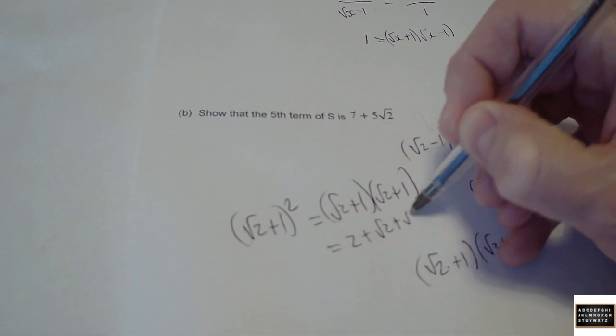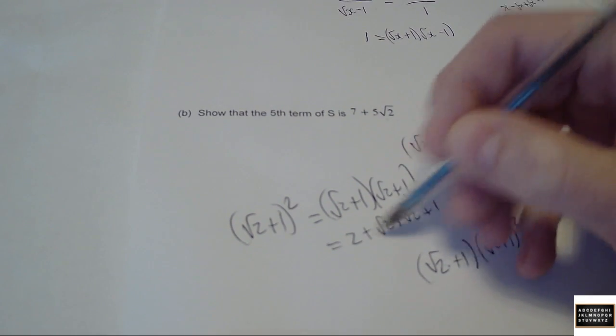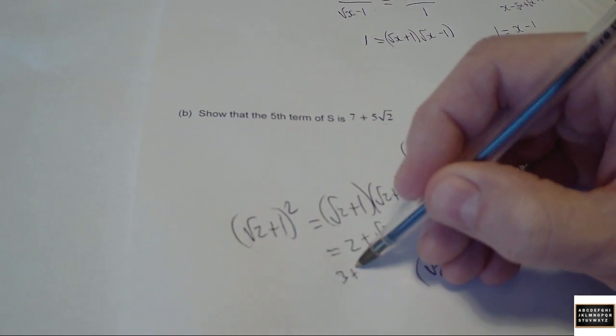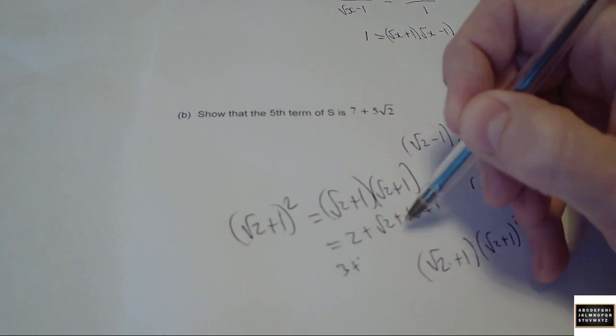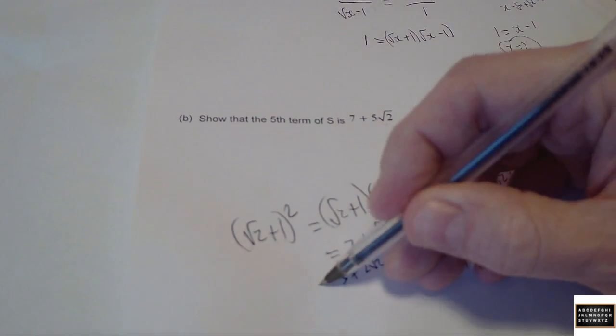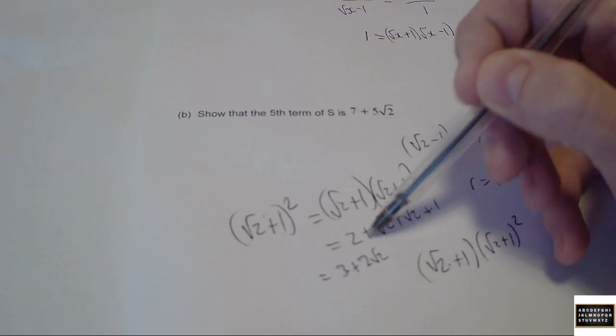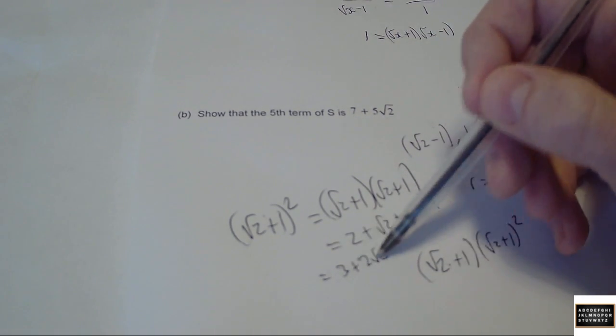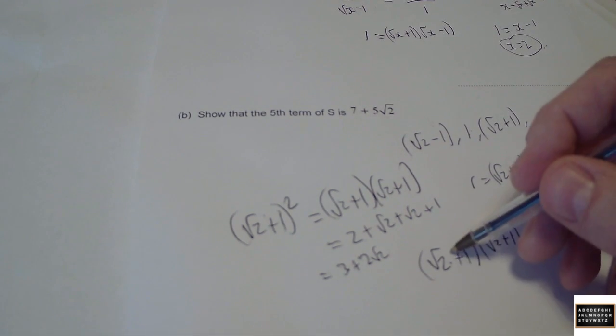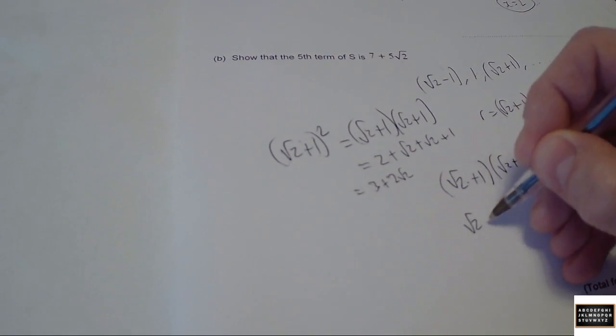Inside terms, root 2. Last two terms is 1. So I'm ending up with 3 plus 2 root 2. So that's what this makes. So 2 plus 1, 3, and then 2 root 2 there. So 3 plus 2 root 2. I've got this root 2 plus 1 here. So I'm ending up with an expression like this.